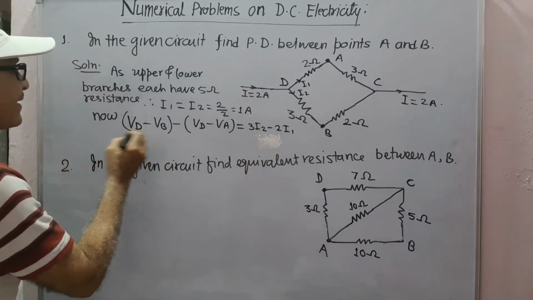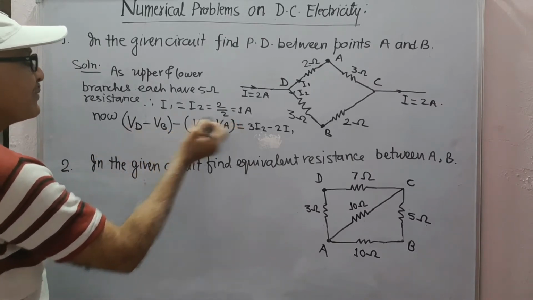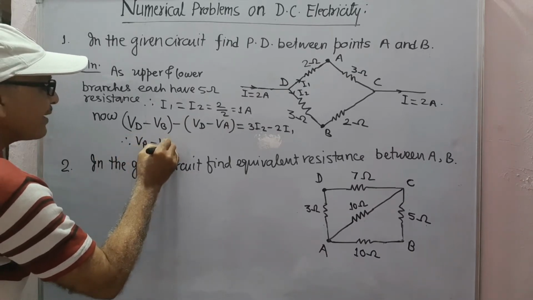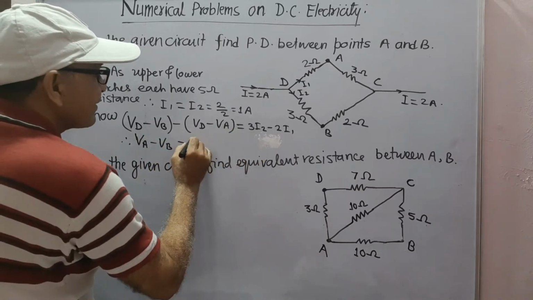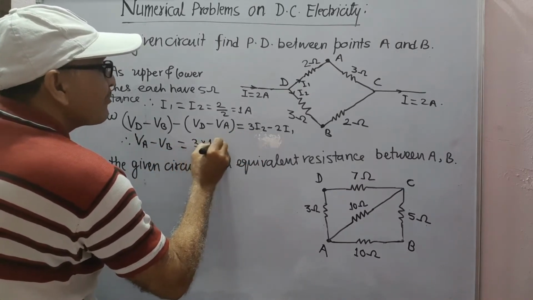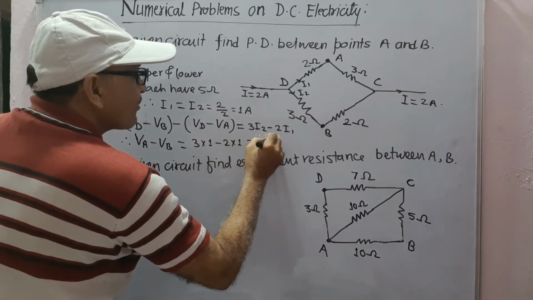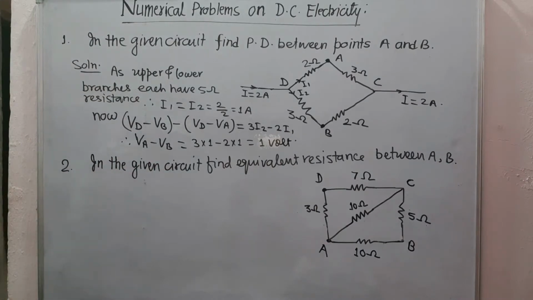Therefore we can write VD minus VB minus VD plus VA. This gives VA minus VB is equal to 3 into 1 minus 2 into 1, which is 1 volt. So the potential difference between points A and B will be 1 volt.